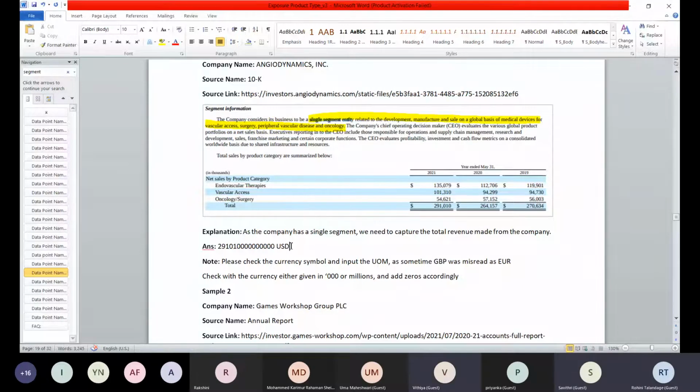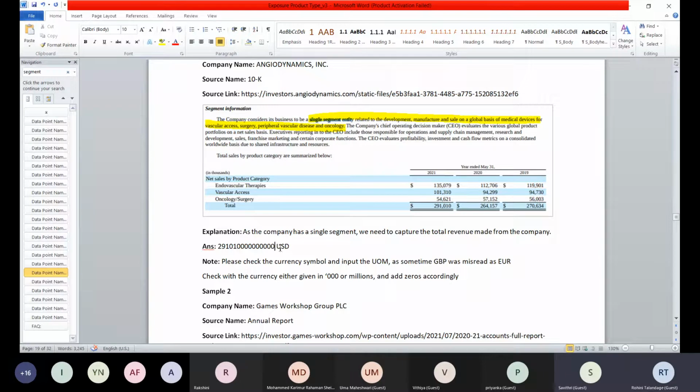Okay, if you are putting any amount, you have to put the currencies. Now here you can see clearly they have given dollars, right?